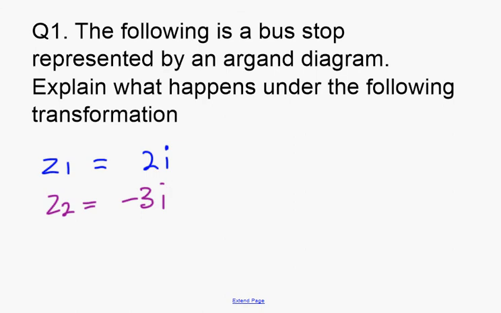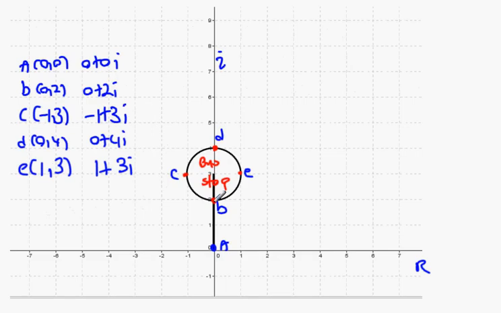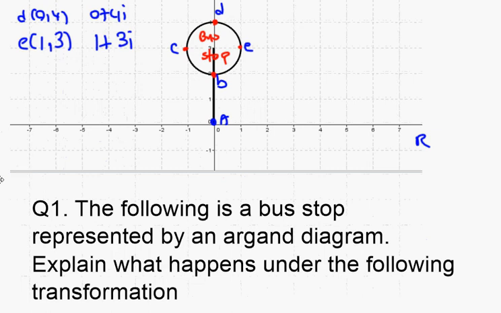The top of this part here would end up here, this part here would end up here, and D would go 3 down to here. The circle of your bus stop would be located here, and the stem would be directly underneath, 2 down. Is everybody happy with that?